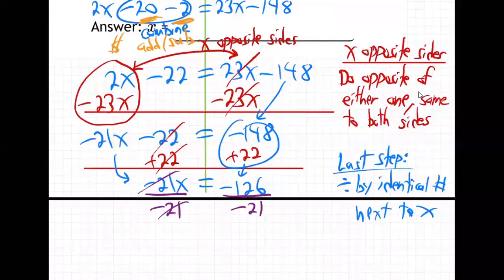It cancels this out, right? So you divide by exactly what's next to x. Same sign, same everything. If this had been a +21 next to x, I would divide by +21. If it's a -21, you divide by -21. And so x equals +6, because when you multiply or divide two negatives, it becomes positive. +6. So that works fine.